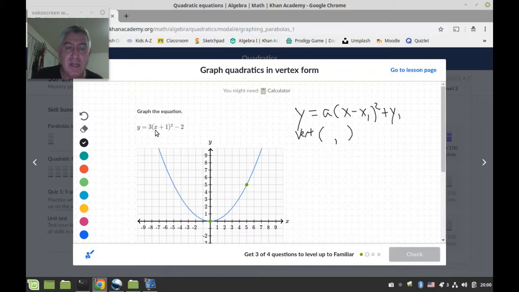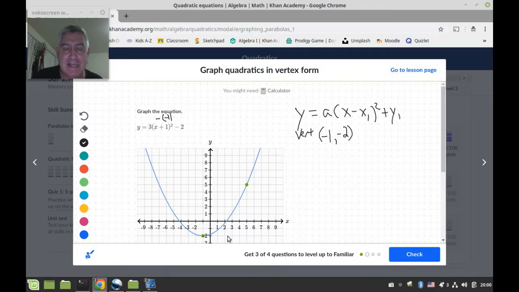So x minus x1, I have plus 1 here, so I know this is minus negative 1. So I know over here I've got a negative 1, and I've got a plus y and minus 2, so I know my y value for my vertex is negative 2. So I'm going to go ahead and find, there's my vertex.